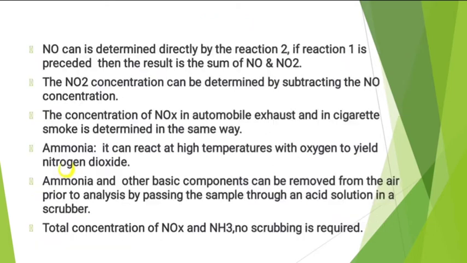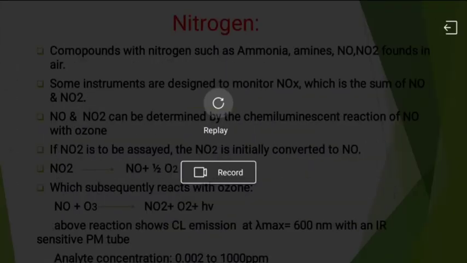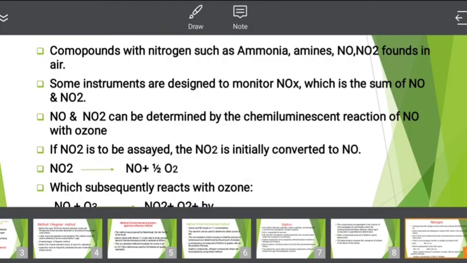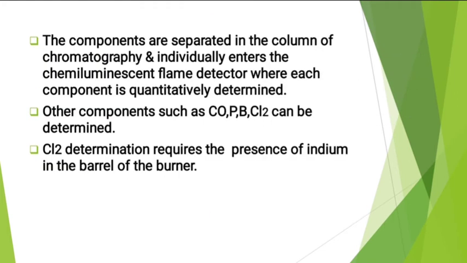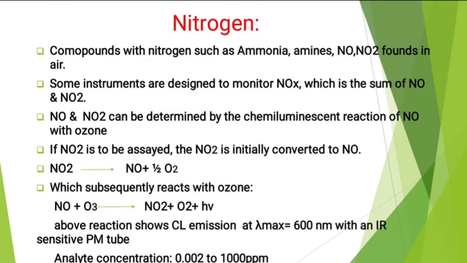NO2 is taken here. NO2 gives NO plus half O2. This NO, when it reacts with ozone O3, forms NO2 plus O2 plus H nu. This H nu is the chemiluminescent light.